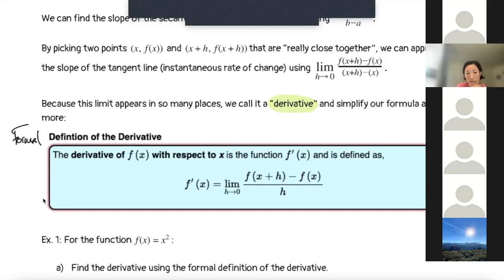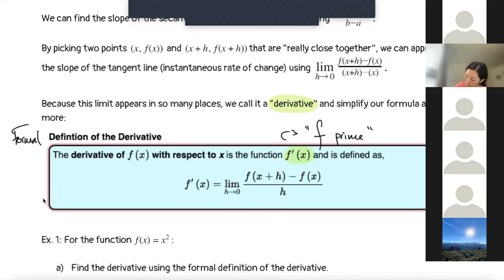Okay, the derivative of f of x with respect to x has some symbols with it. In particular, we can write this as f with a little apostrophe. We call that f prime. Okay, so f prime. And we define it as the simplified version of that limit.